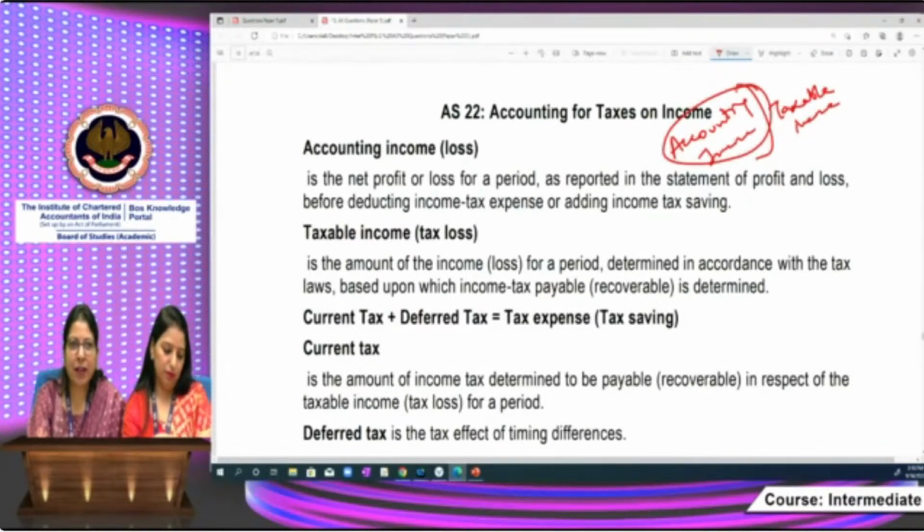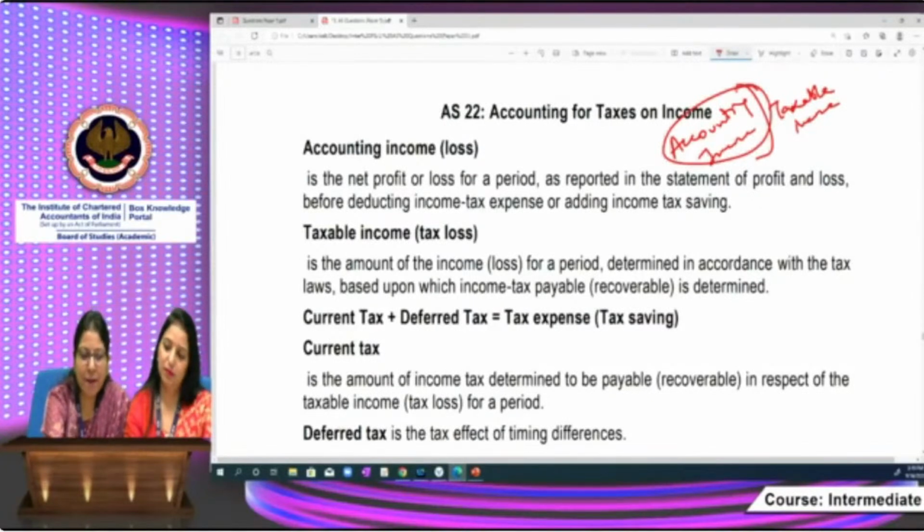Taxable income may differ from accounting income, because the provisions of the income tax authorities may provide for some deductions which I have not deducted while arriving at accounting income. They may also disallow certain deductions which I have taken into consideration. Let us take a very simple example. Suppose I have purchased a machinery for scientific research.